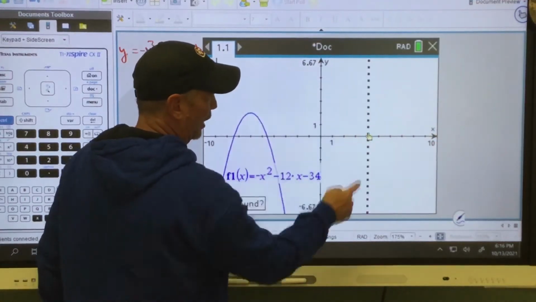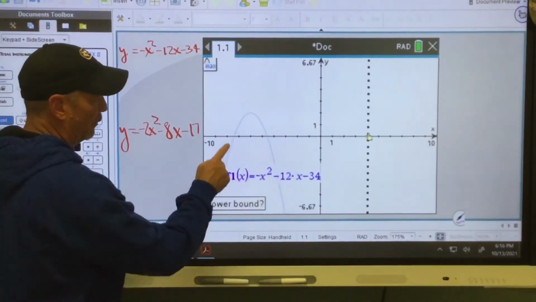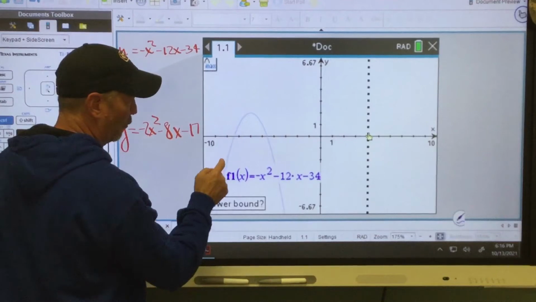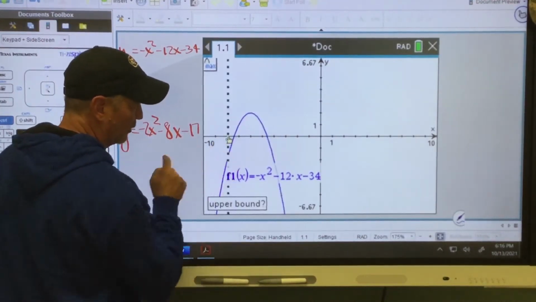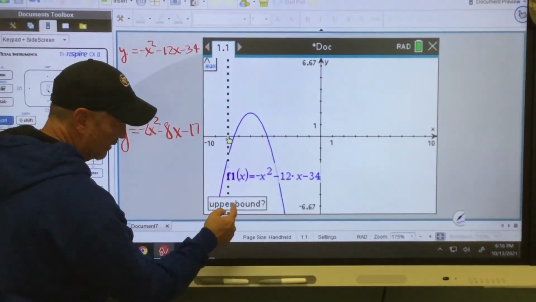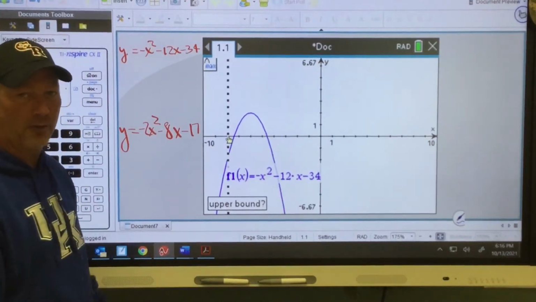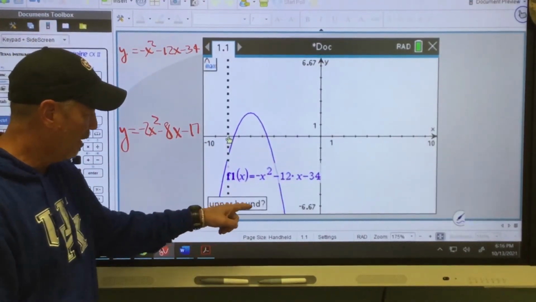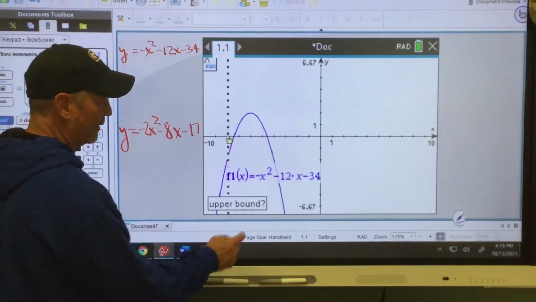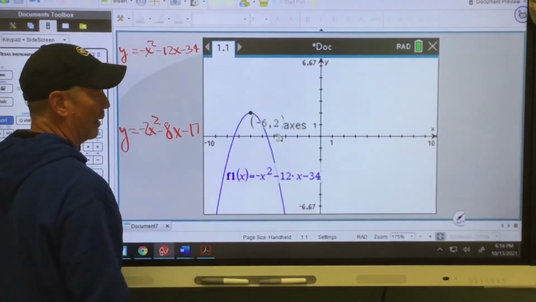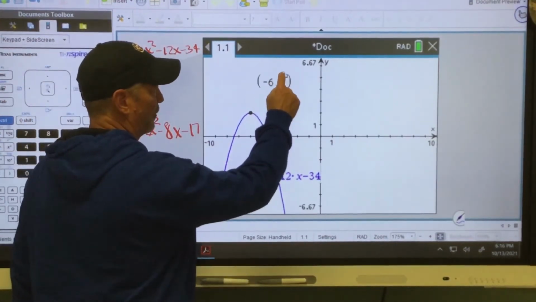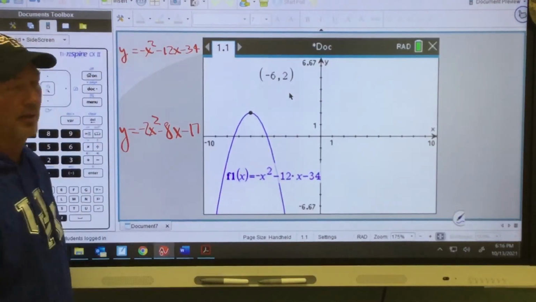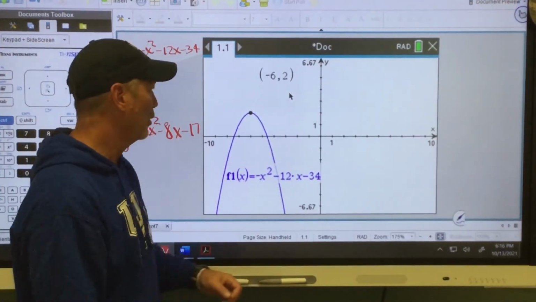And you see this broken line? I'm going to ask you to move it to the left of where your vertex is, somewhere over there. And it said lower bound, so we go to left, and now it says upper bound, so you're going to go to the right. There's your maximum value.